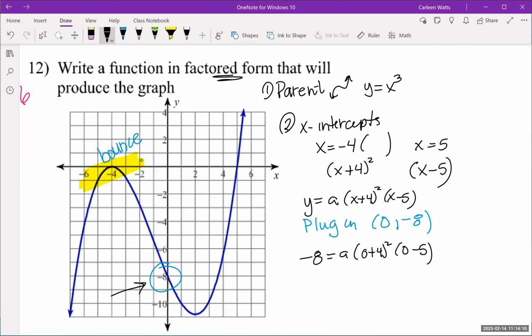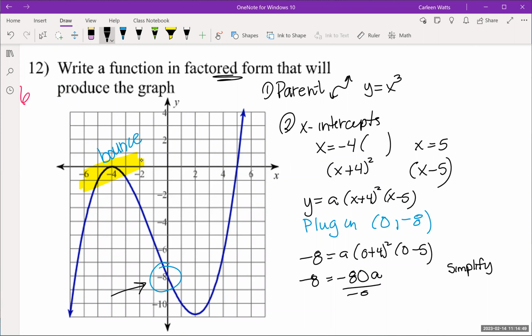Simplify. -8 is equal to -80a. You with me? 16 times -5. Zoomers, are you with me? You see where I got the 80? Okay.